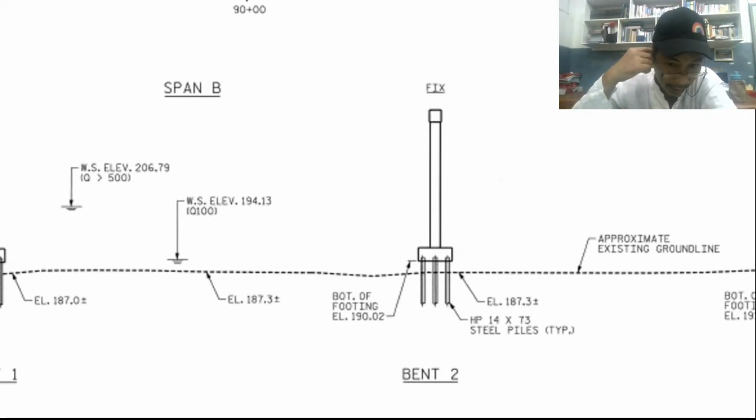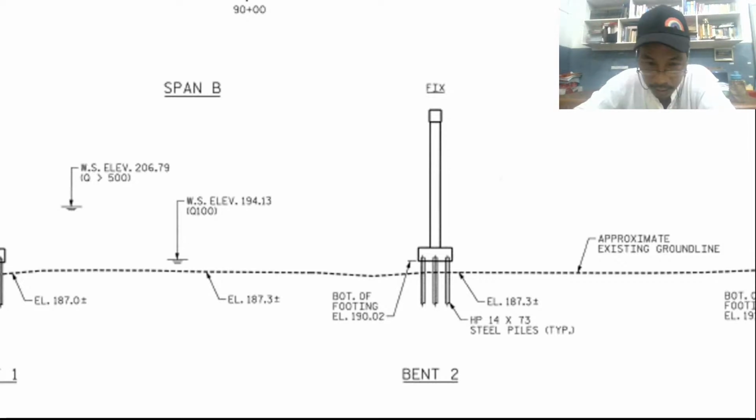So that is not plus. A while ago, we thought the correct reading was HP 14 plus 73. The correct reading is HP 14 by 73. I just confirmed that 73 is pounds per foot. So 14 is the dimension, the width of the flange.